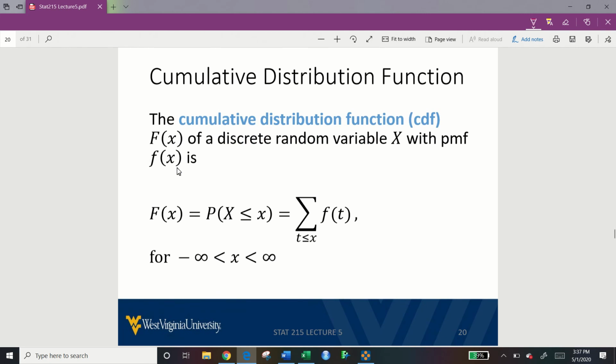The cumulative distribution function, also abbreviated as CDF, is written as capital F of x of a discrete random variable x with PMF f of x. And it is capital F of x equals probability of X being less than or equal to x equals the summation of t less than or equal to x of f of t for negative infinity less than x less than infinity.